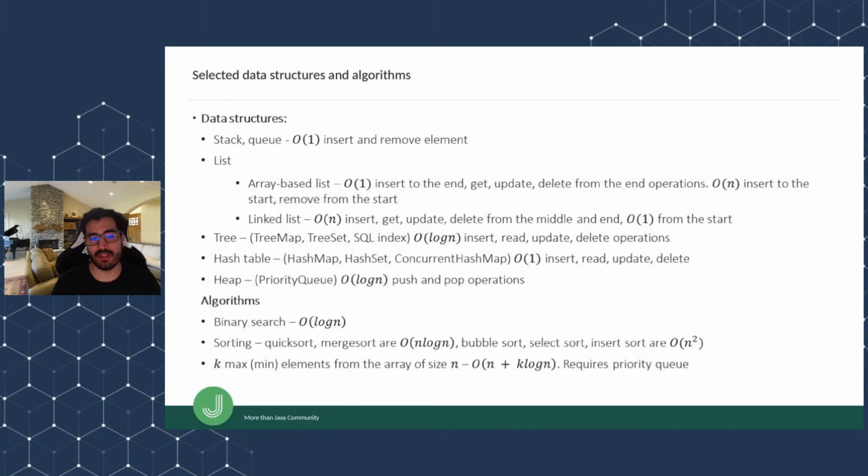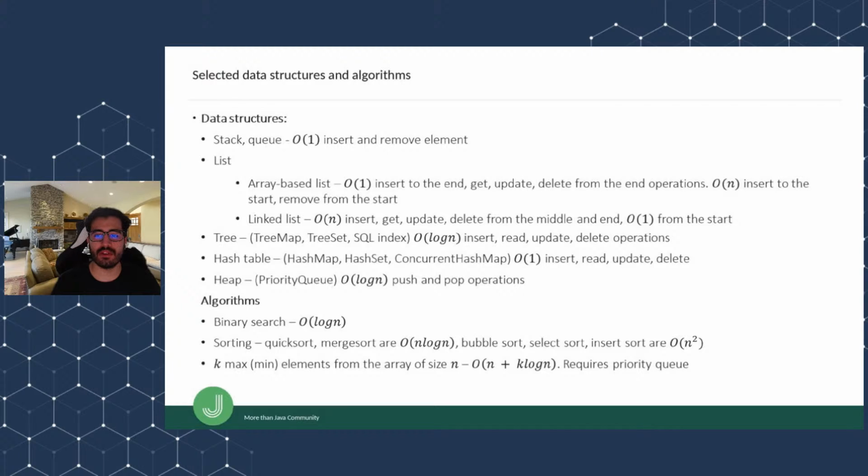When we're talking about lists, you have the array-based list, and you have an O(1) performance time for insert to the end, get and update of elements. For delete from the end of the list, it will also take O(1).